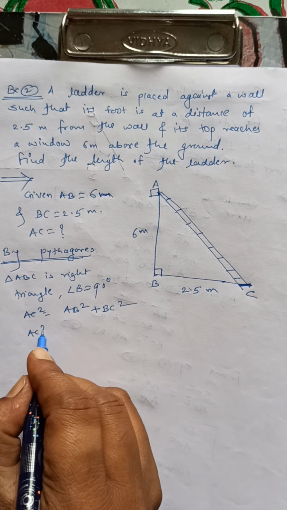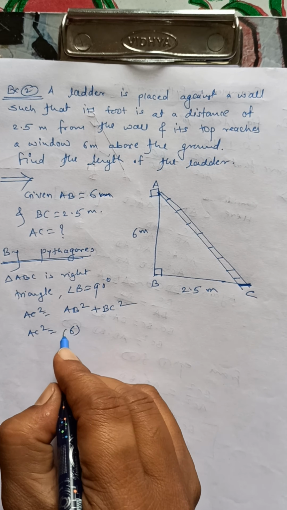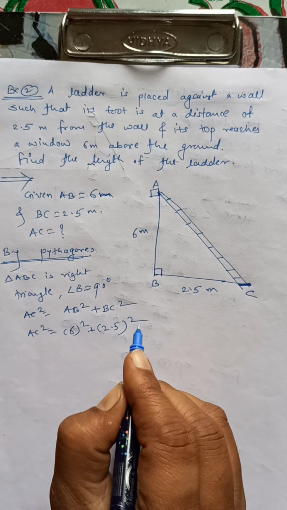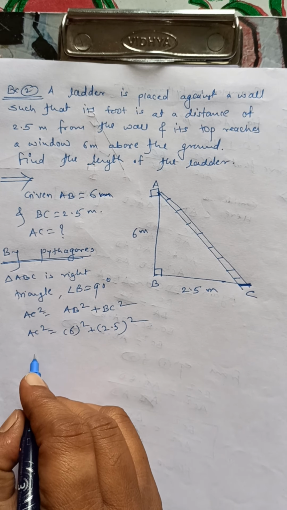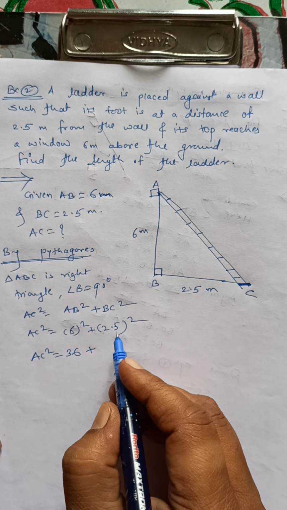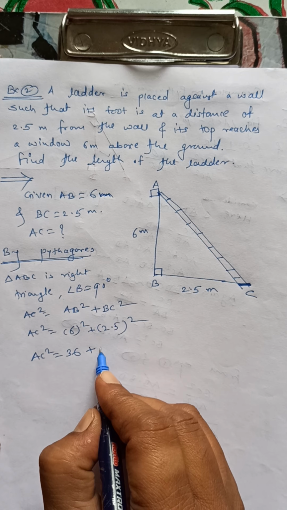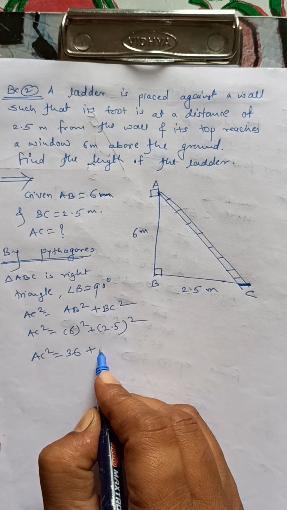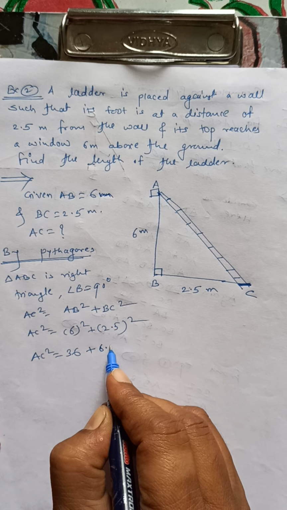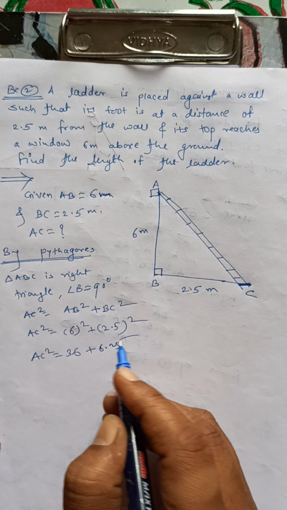So AC square is equal to AB square, 6 square, plus BC, which is 2.5 square. So AC square is equal to 6 square, which is 36, plus 2.5 square, which is 6.25.